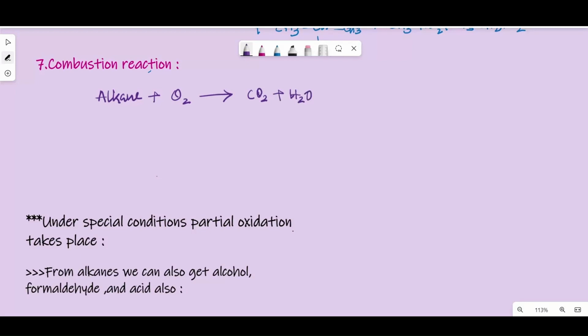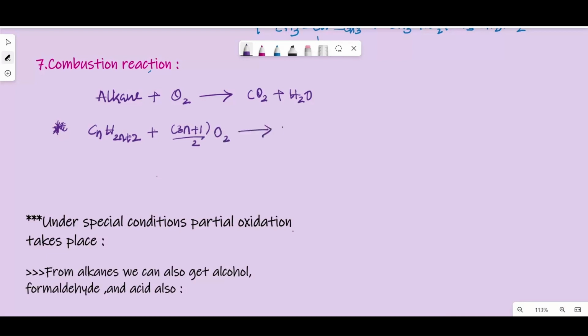With respect to alkane, we can balance this reaction. Let's see the basic form of this reaction. Alkane means its formula is CnH2n+2, and here (3n+1)/2 O2.